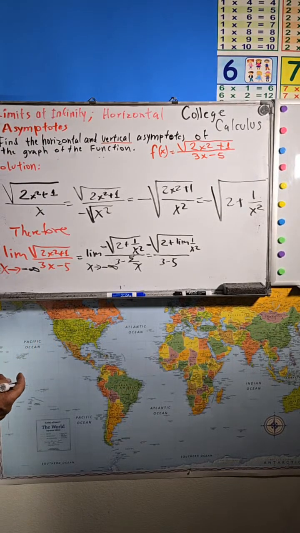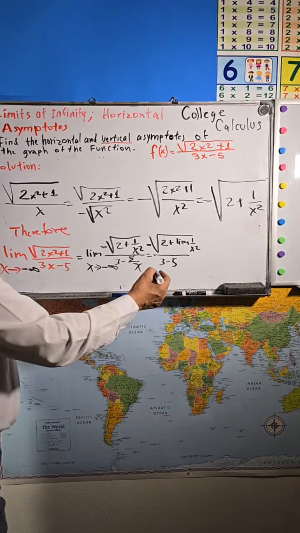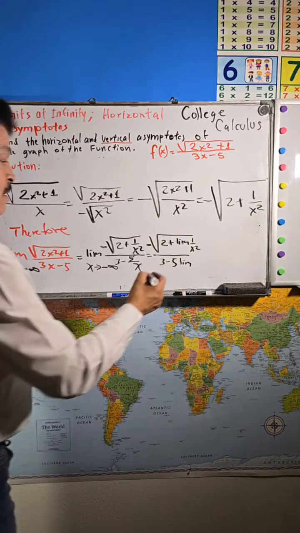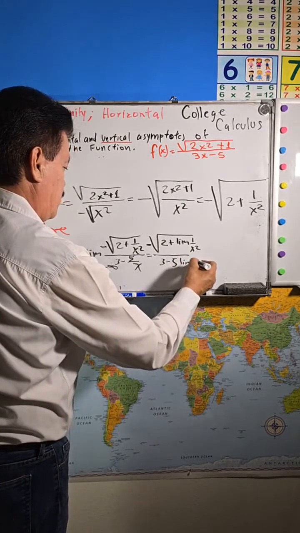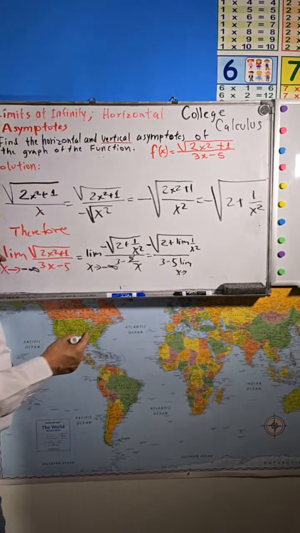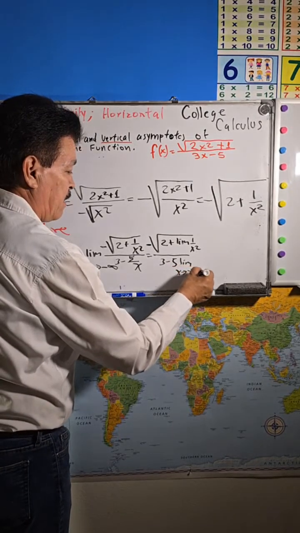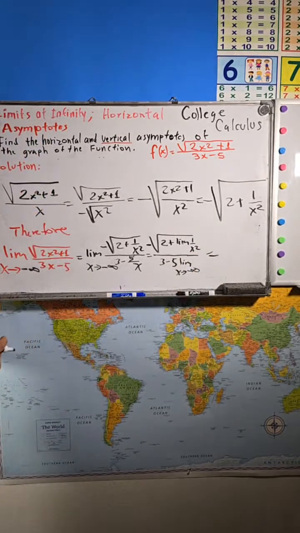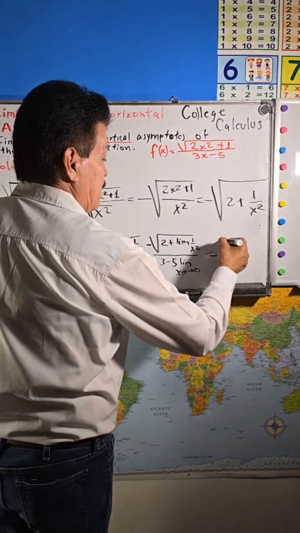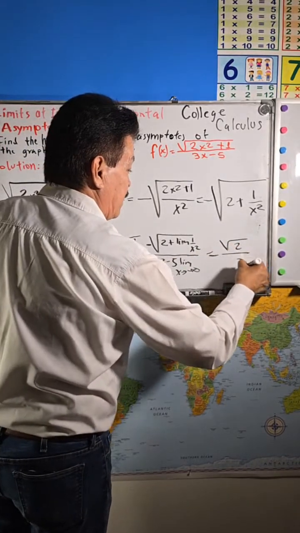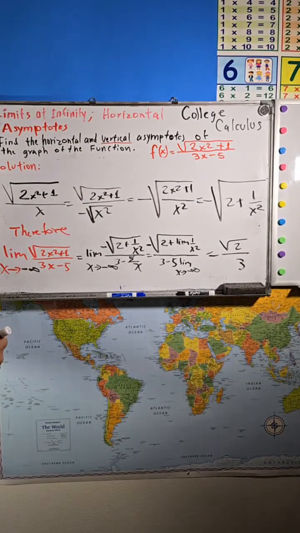Here, the limit when x approaches negative infinity, right? We will have our conclusion here: the square root of 2 divided by 3. All right, this is our conclusion.